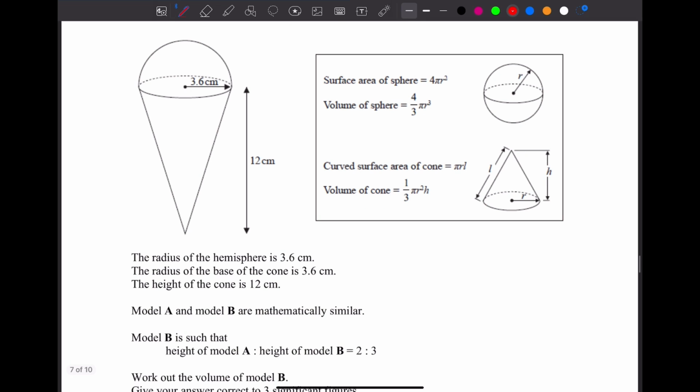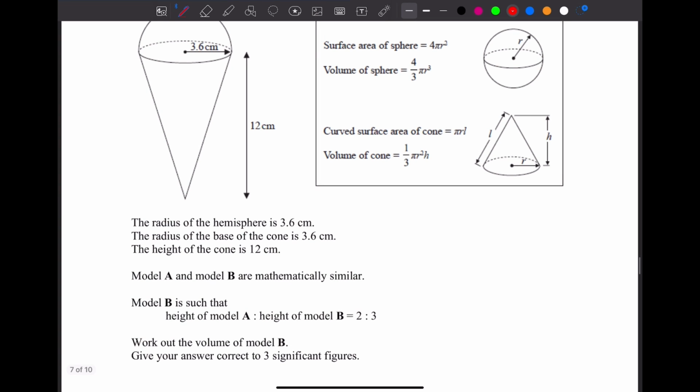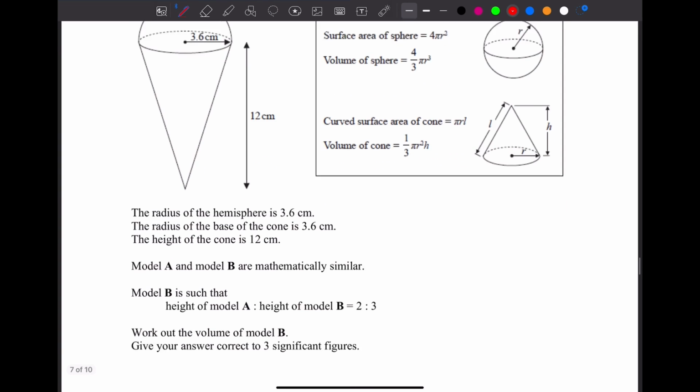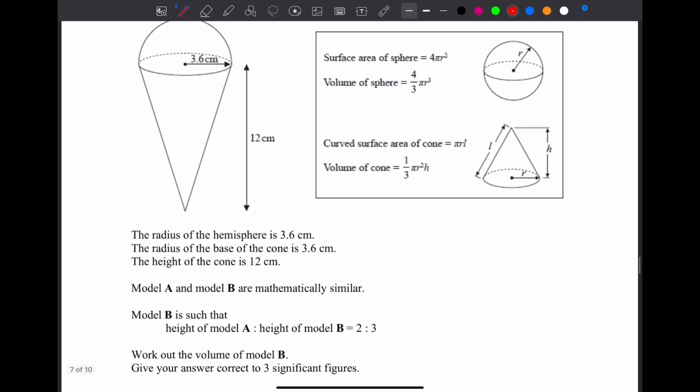The radius is 3.6. The height is 12. Work out the volume of model B. Right. First of all, what's the volume of model A?